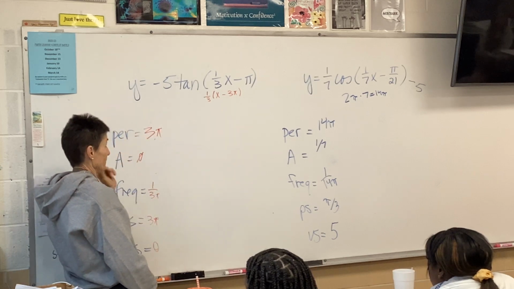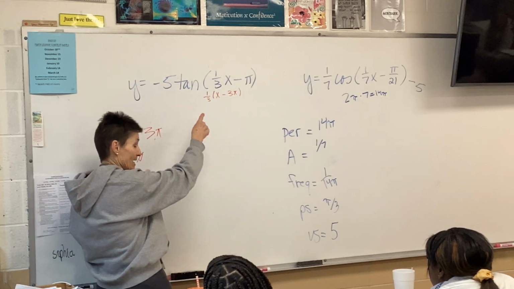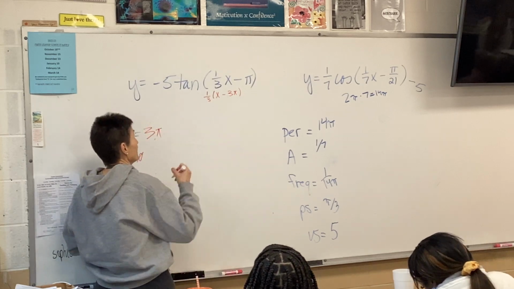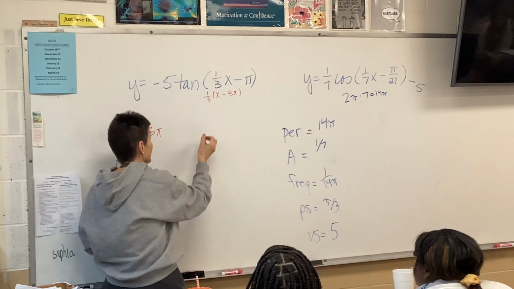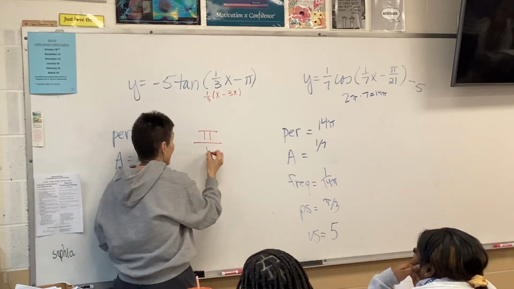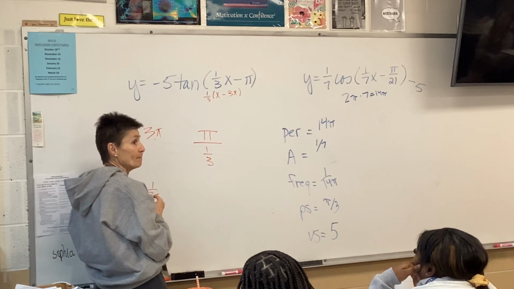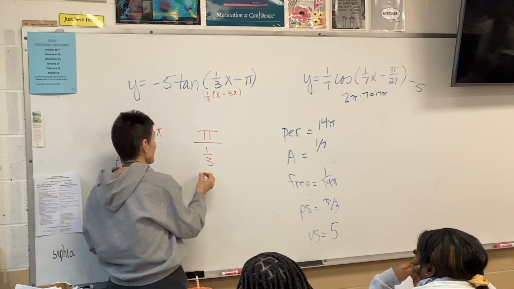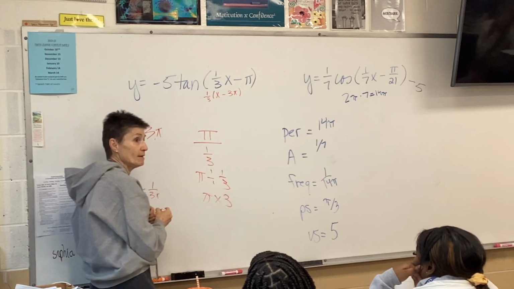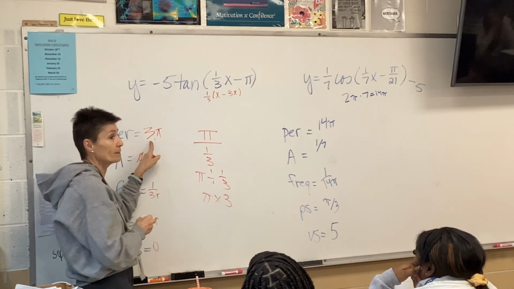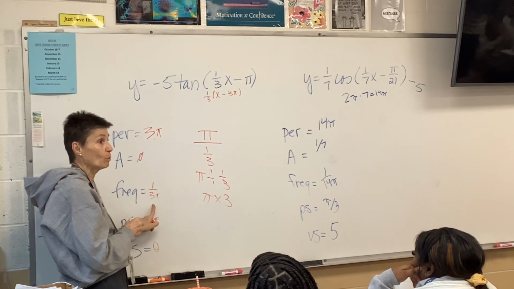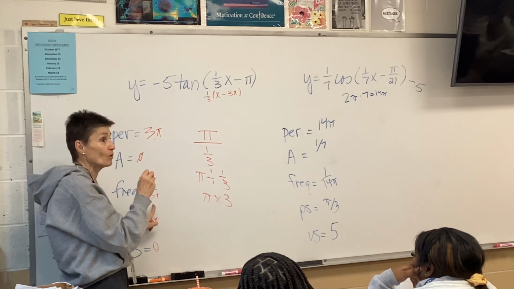Now, period. This is a tangent, and the normal period of the tangent is pi. But this pi has been divided by a third, which is the same as timesing by 3. So she said her period was 3 pi, which made her frequency 1 over 3 pi.